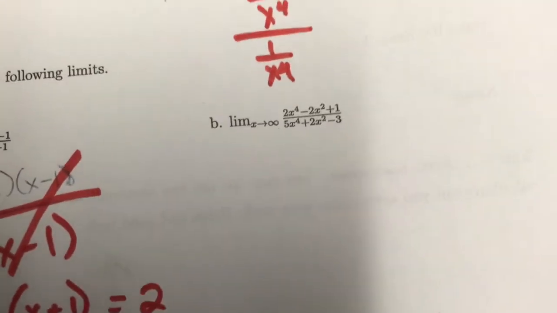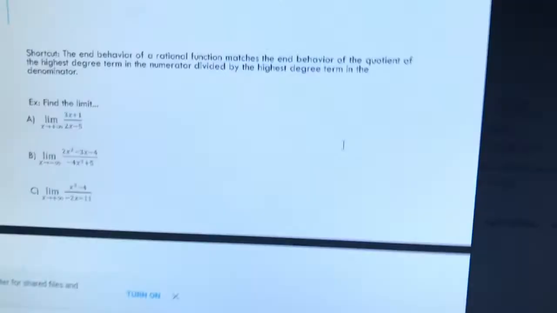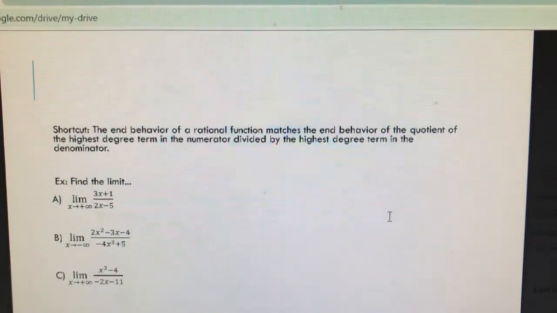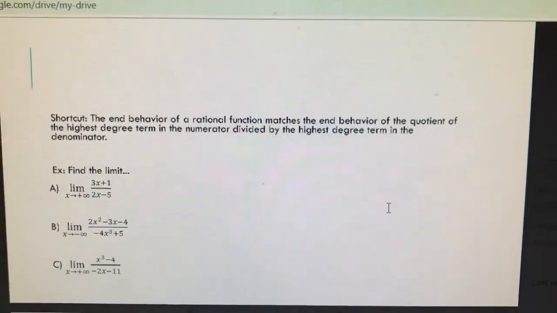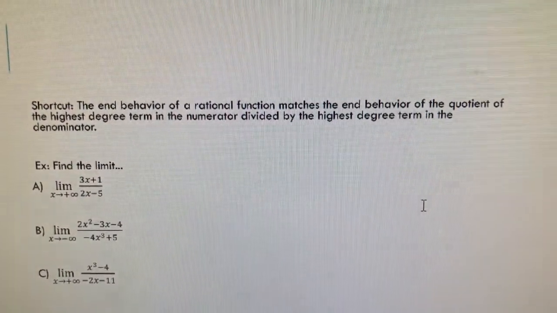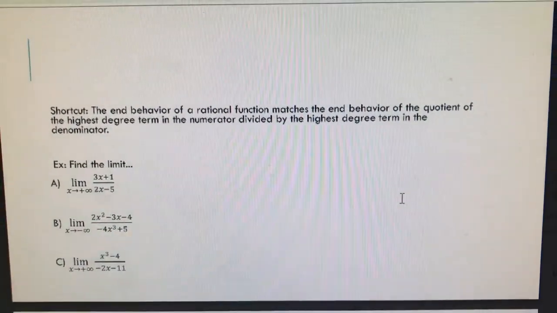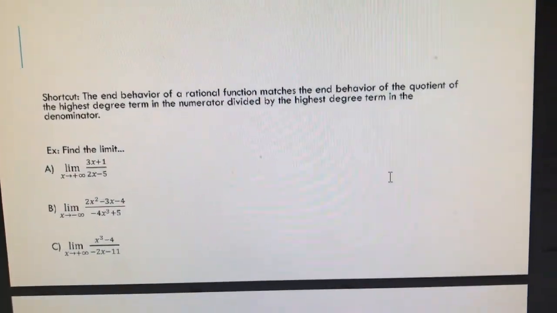But since we're approaching infinity, what I can do is use this little rule that you had in your notes, the end behavior. Remember, you get end behavior when you deal with infinity. The end behavior of a rational function matches the end behavior of the quotient of the highest degree term in the numerator divided by the highest degree term in the denominator.